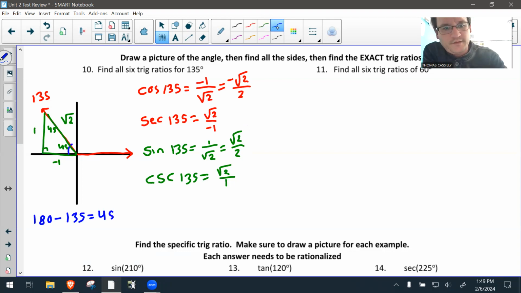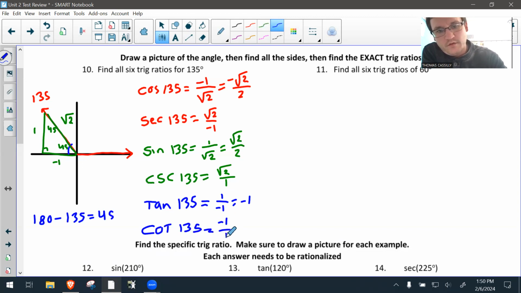And then last but not least, the tangent of 135 is equal to opposite over adjacent, which is 1 over -1, which simplifies to -1. Thus, the cotangent of 135 is -1 over 1, which again is -1. So there's all 6 trig ratios there.